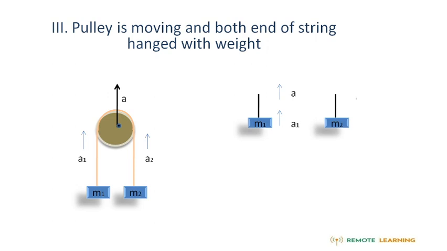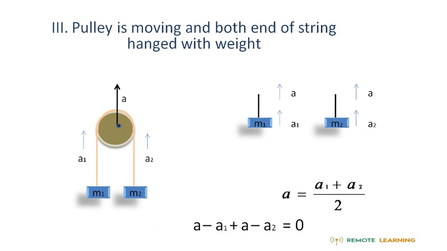On the right portion, the upper end is increasing length with acceleration a and the lower end is decreasing length with acceleration a2. So the equation is positive for a, negative for a1, positive for a, and negative for a2, equal to 0. Finally we get the constraint equation for acceleration: a equals a1 plus a2 divided by 2. The same process can be done for velocity, and we get v equal to v1 plus v2 divided by 2.